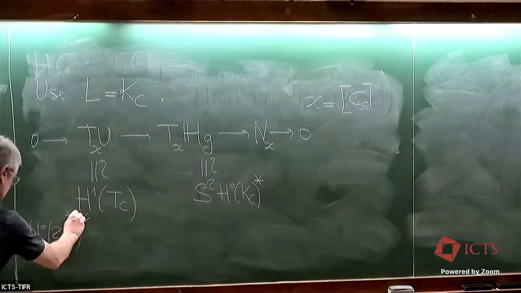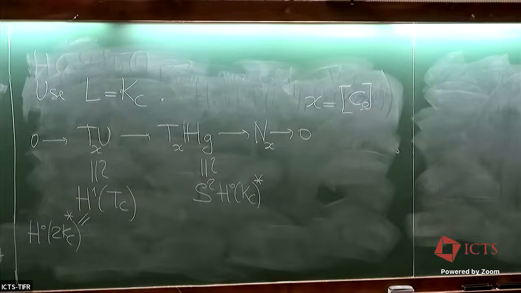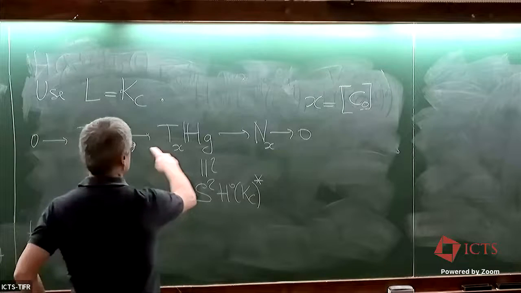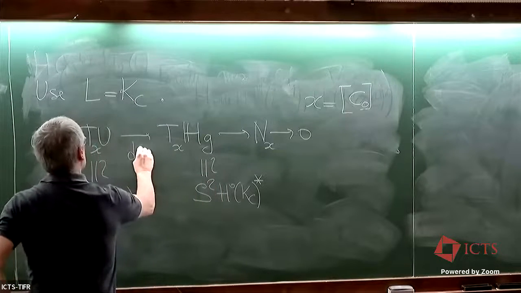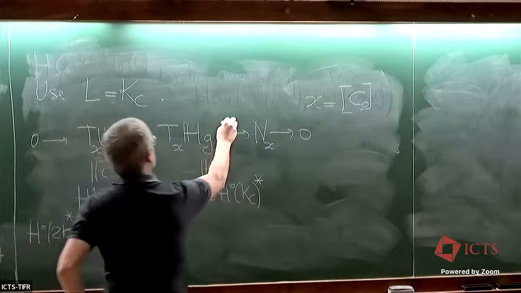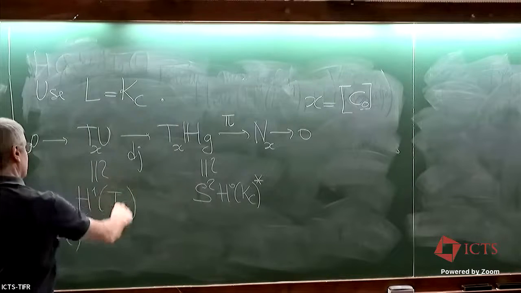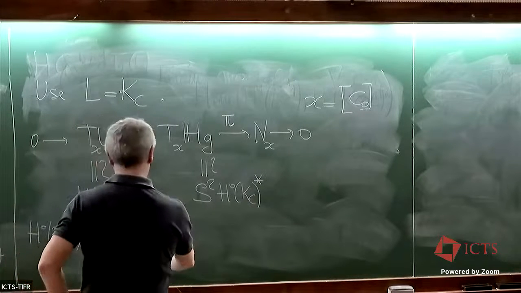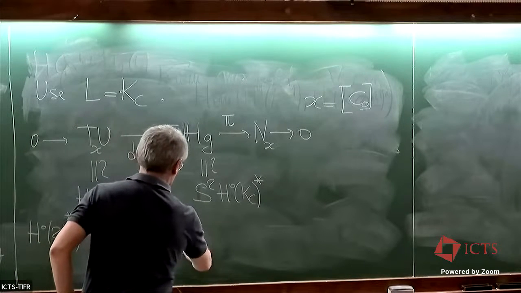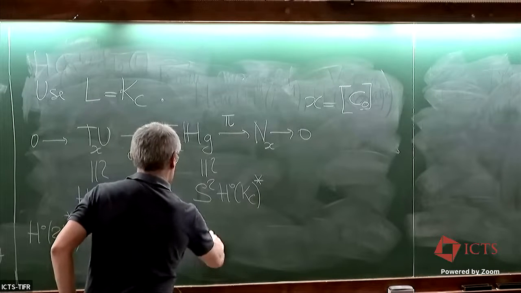Sorry. So we can dualize this sequence. Here we would have this, and here there is pi. This is the differential of J. And if we dualize, we get this sequence.